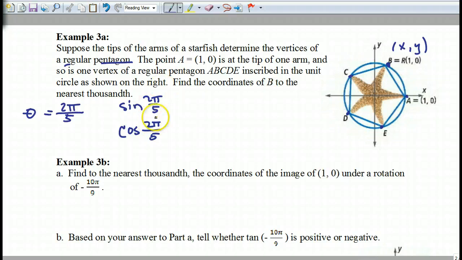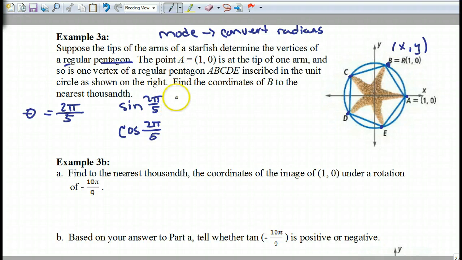Now, because we are using pi in this radians, we need to make sure our calculator is on radians. So make sure you go to your mode and convert to radians. If you do not, your answers will come out wrong. If we were in degrees instead, you would want to make sure that you were in degrees.